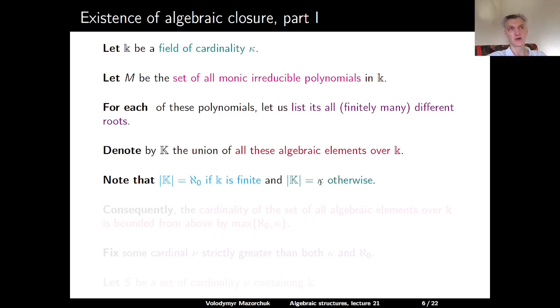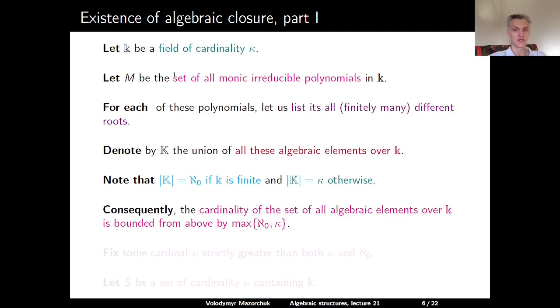This is because we have countably many degrees for polynomials over k, and each polynomial has finitely many roots. If we take all of them together, we will get exactly the same number of elements as in the original field, if this field is infinite.